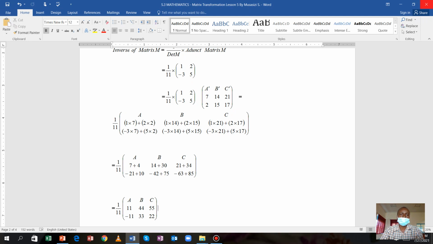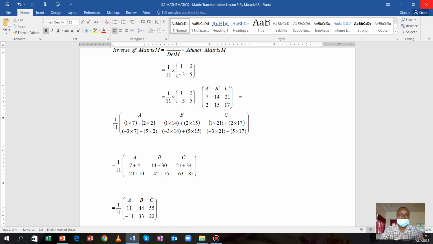Then negative 21 plus 10, negative 42 plus 75. Then negative 3 times 21, you get negative 63 plus 85. Please, this is a typing error: A is supposed to be prime, even B is supposed to be prime, C is also prime. No, we are getting the values of the object, so it's okay.